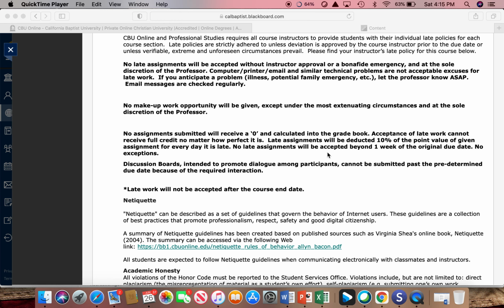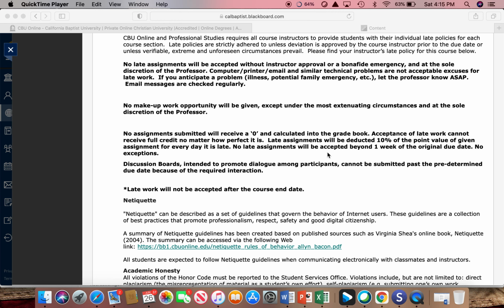If you anticipate a problem, illness, potential family emergencies, etc., let the professor know ASAP. Email messages are checked regularly. No make-up work opportunities will be given except under the most extenuating circumstances and at the sole discretion of the professor. Assignments not submitted will receive a 0 and be calculated into the gradebook.